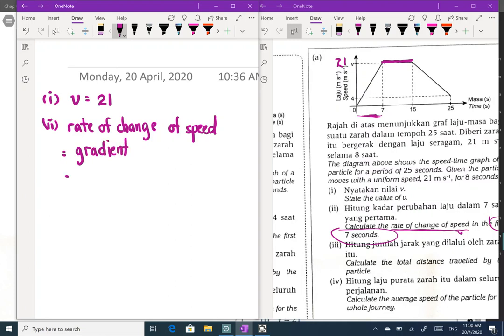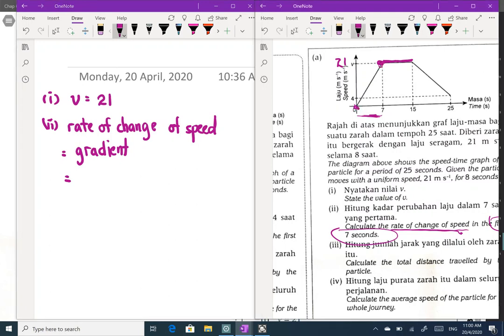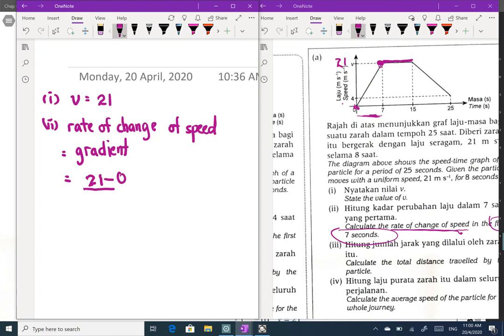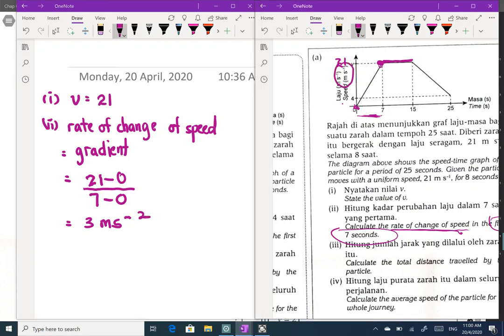So for the first 7 seconds, so gradient, 0.1, 0.2. So I use 21 minus 0, divide by 7 minus 0. So you will get 3 ms negative 2, meter per second per second.